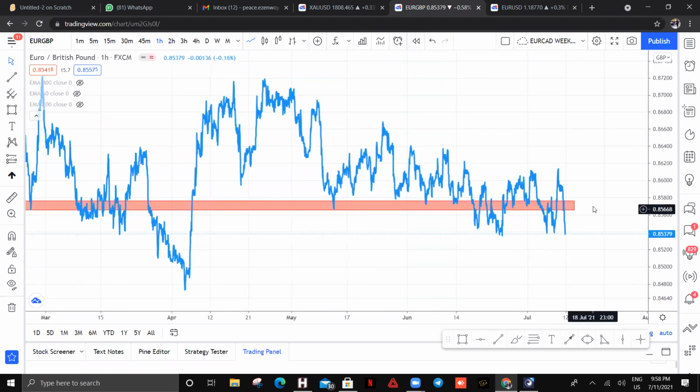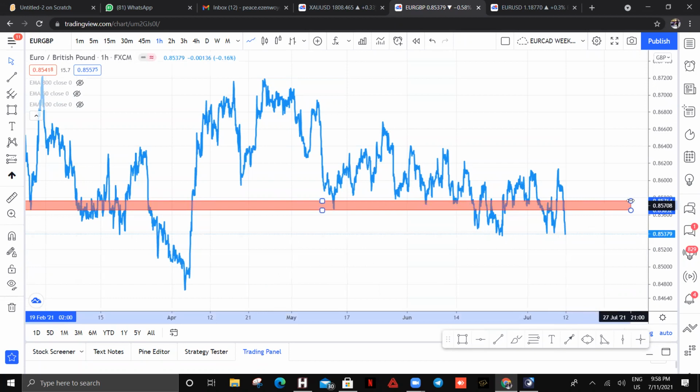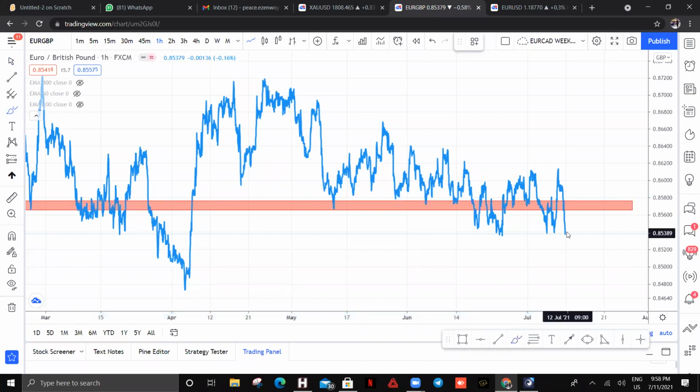So you can see this. What I'm waiting for, looking at it, because it's on a support zone, I'm expecting it to do what? Do a retest, then come down, because I've identified something else here.